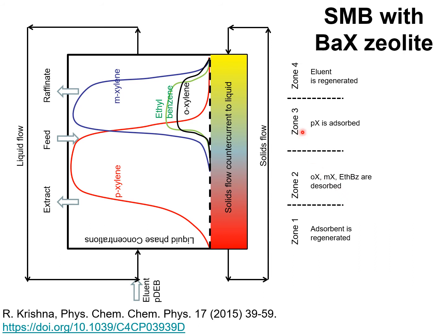In zone 3, paraxylene is adsorbed selectively. And in zone 4, the eluent para-diethylbenzene is recovered and recycled back into the adsorber.